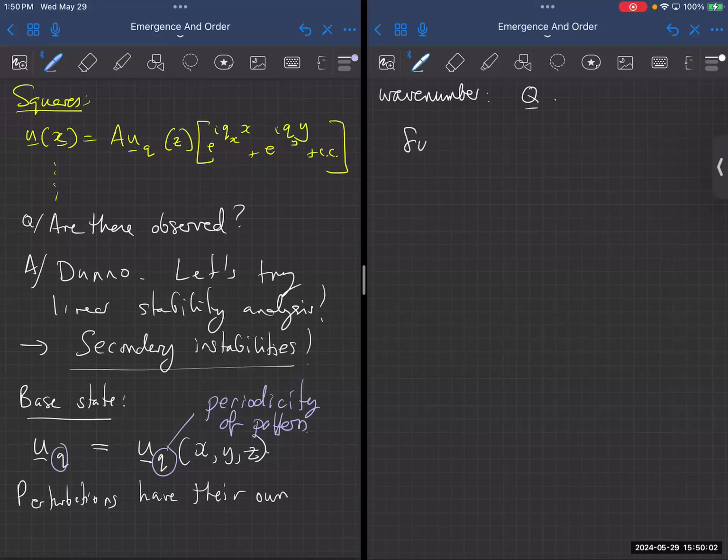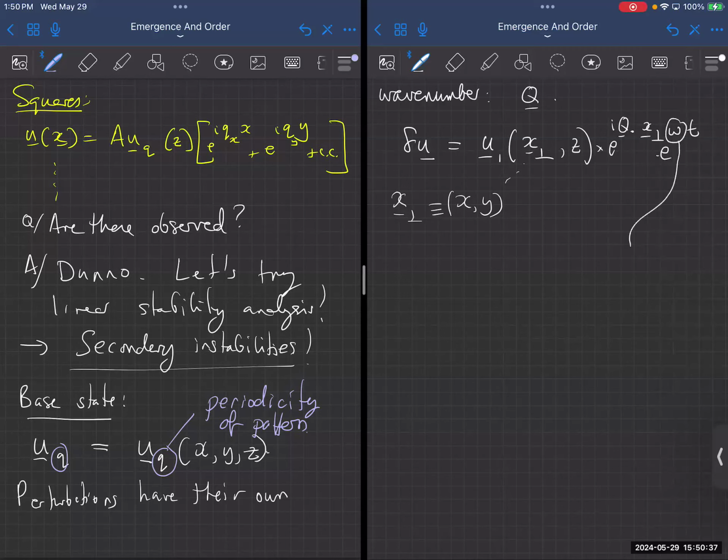So we're going to write that the perturbation is equal to some new thing, u1 of x perpendicular and z, and then e to the i Q dot x perpendicular, times e to the omega t.